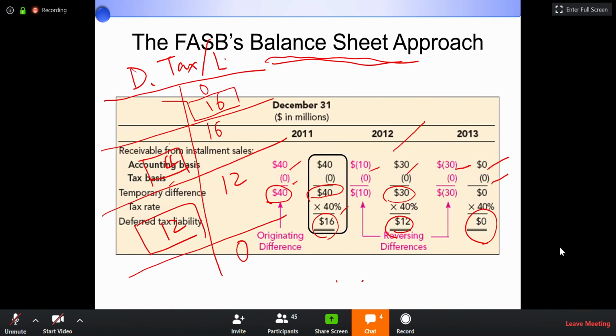Do we have a balance sheet method in the exam? I will say no, because these are just two methods you can use. In the exam we won't ask you to use the balance sheet approach. You can just use the previous method.